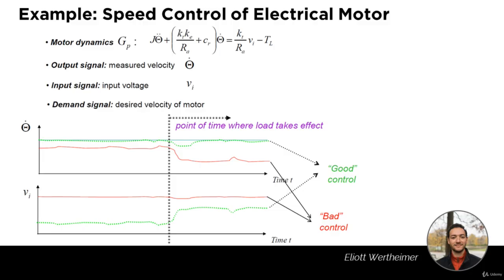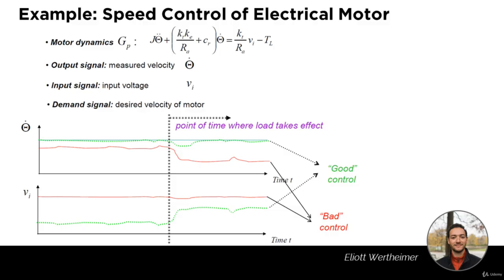If you look at the voltage curve, the input curve, you can see that the bad control signal is very constant at a value that would seem to be right, but is actually not right because the dynamics of the motor change everything. So bad control is not reactive, and bad control leads to a velocity that is not the one you want. It is not that straightforward to obtain the things you want in engineering systems.